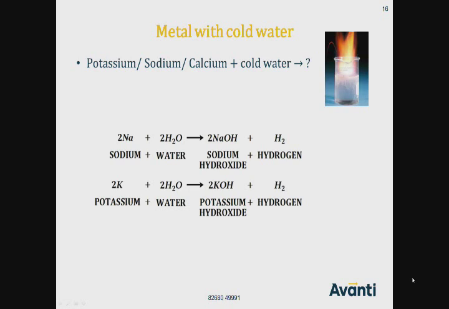Done? Yes, it is exothermic in nature. Heat will be released over there.